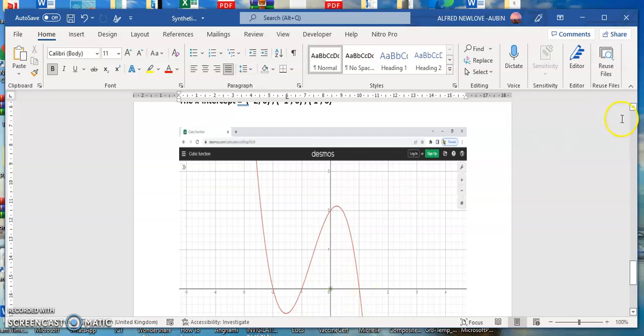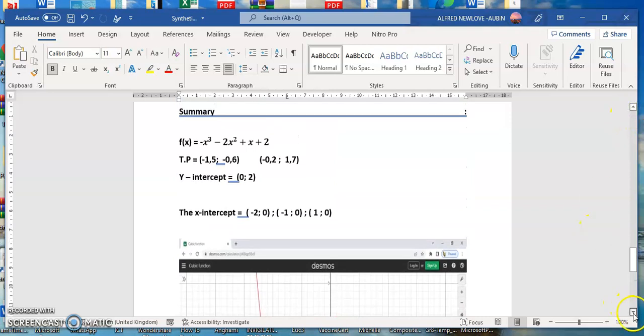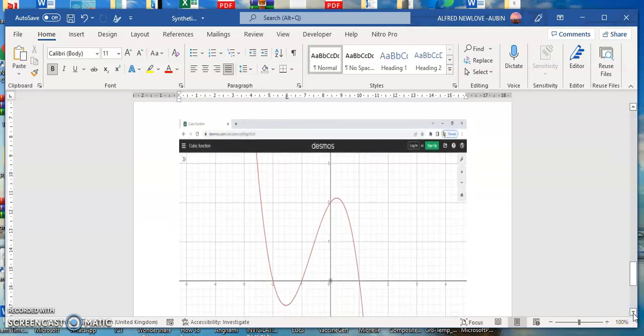Then the other one is 1,7. So for 0,2, 1,7, the turning point is going to be somewhere in the middle here. So we have our turning points. You join them together like that to get your graph nicely.